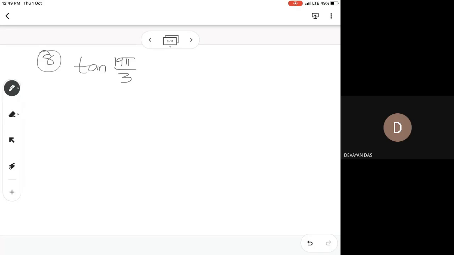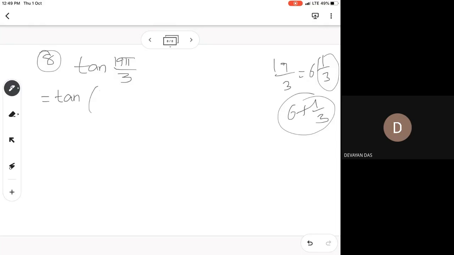How do you know? 19 by 3 can be written as 6 1 by 3, which is 6 plus 1 by 3. So the easiest way is to write tan of 6 pi plus pi by 3.